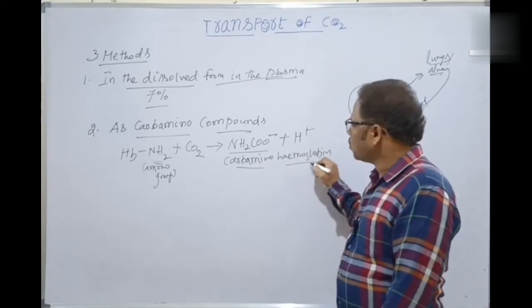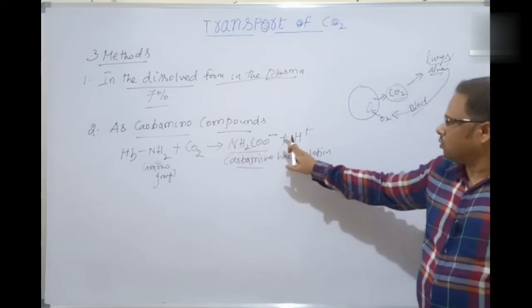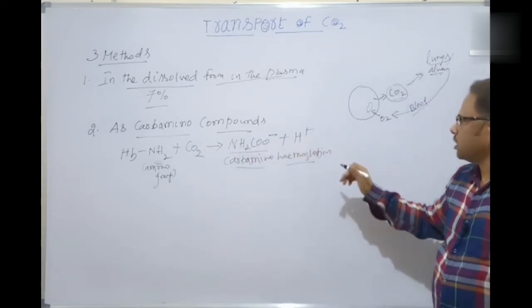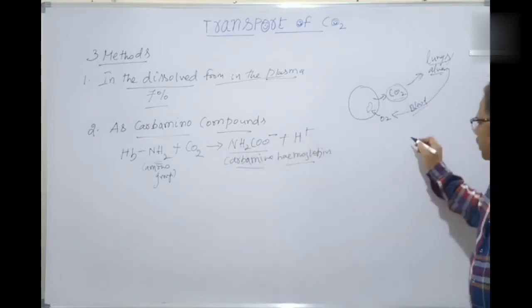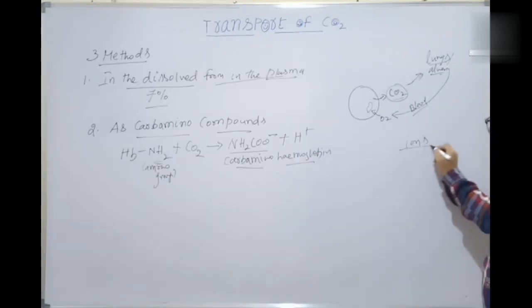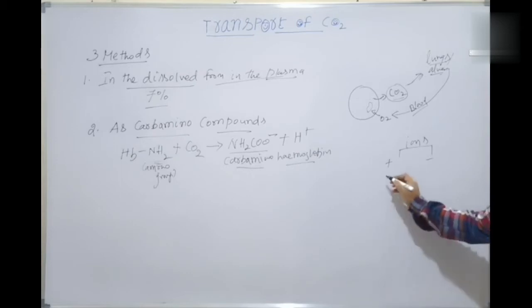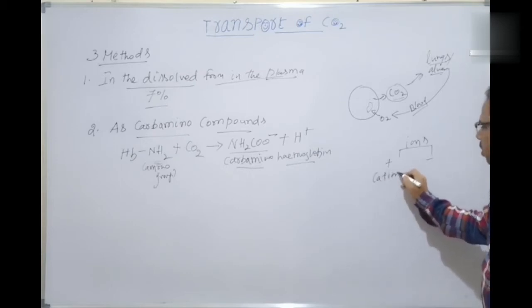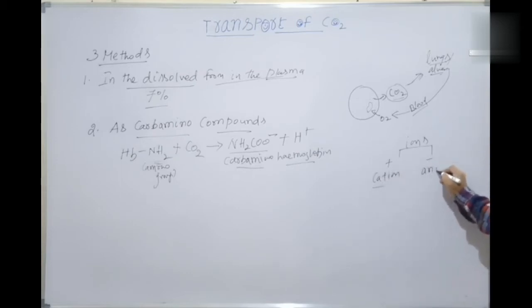Carbamino hemoglobin here, NHCOO minus plus H plus. So these two are ions. Ions are of two different types here. One is a positive ion, the other is a negative ion. The positive ion is called a cation. The negative ion is called an anion.